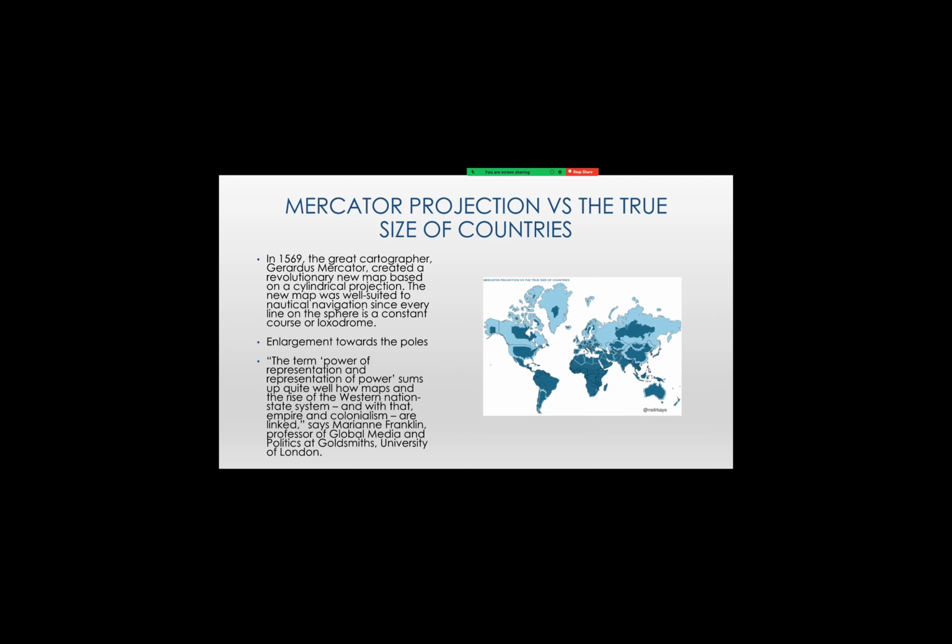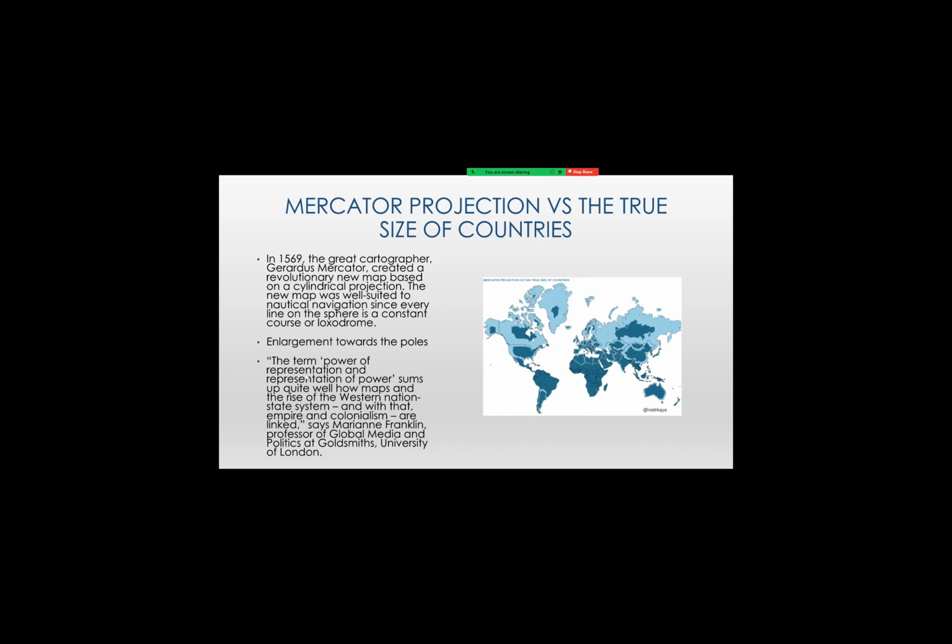The light blue is how much they've been enlarged or scaled up to accommodate the map. This in and of itself isn't a problem, but this particular imagery, the light blue section, the enlarged continents section, has been used as political rhetoric or propaganda.